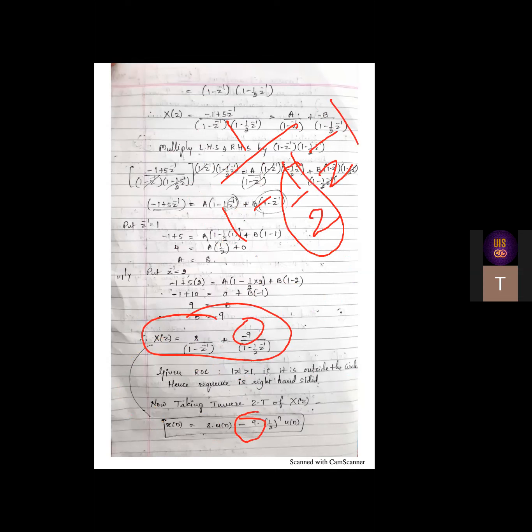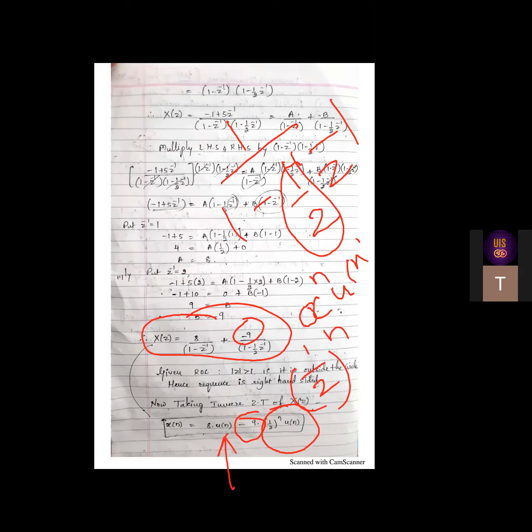And what about the second value? If you apply the inverse, minus 9 is kept as it is. Now, what is remaining? 1 by 1 minus half z inverse. What do you mean by this? It is alpha raised to n u of n. What is alpha? Half. So the second term is half raised to n u of n.